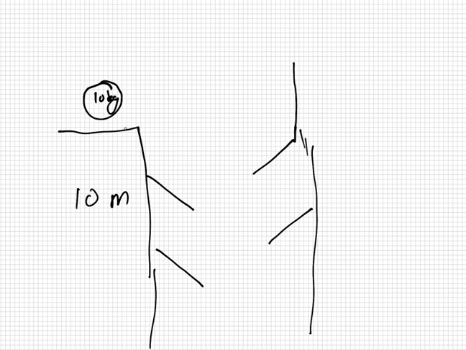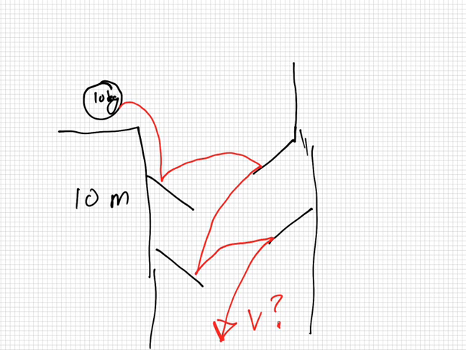And the ball falls down. How fast is the ball going? Now before the lesson today, you might say, that is way too difficult because you have this sort of UVATS projectile problem. But we can use our conservation of energy.